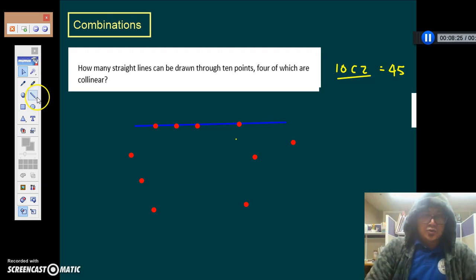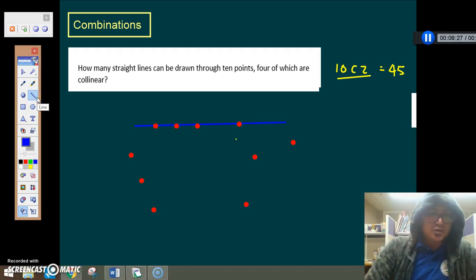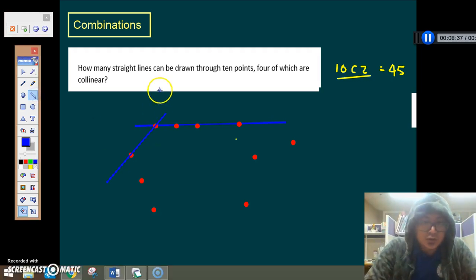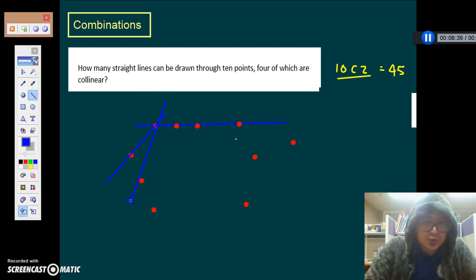So let's just draw some, not all, but just some. This would be one line. And let's count. We already have 2 lines drawn here. That's the second one. This would be the third. This would be the fourth. This would be 6th. This would be the 7th. This would be the 8th.